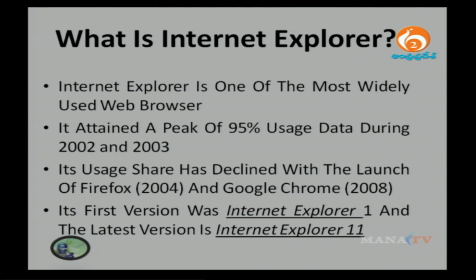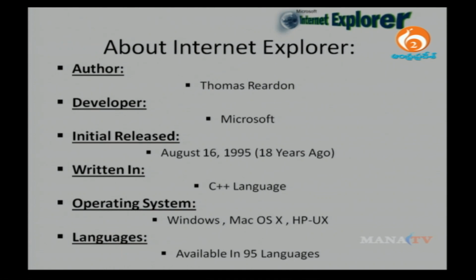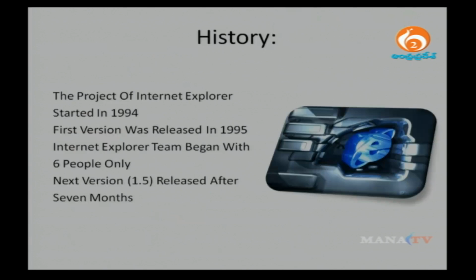Its first version was Internet Explorer 1 and the latest version is Internet Explorer 11. About Internet Explorer: the author Thomas Reardon, developer Microsoft, initially released on 16th August 1995, written in the C++ language, operating systems Windows, Mac OS X, HP-UX, available in 95 languages.